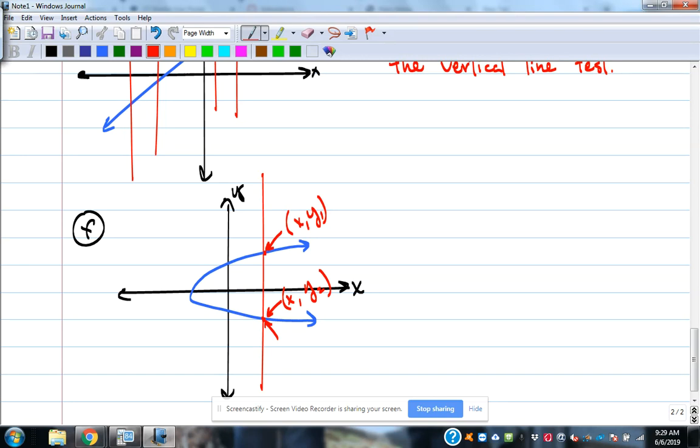So this has the same X value but different Y values, and it's happening twice. That's what the vertical line test really does, find us repeated X values if it fails it. So this one hits twice, so it is not a function. It fails the vertical line test.